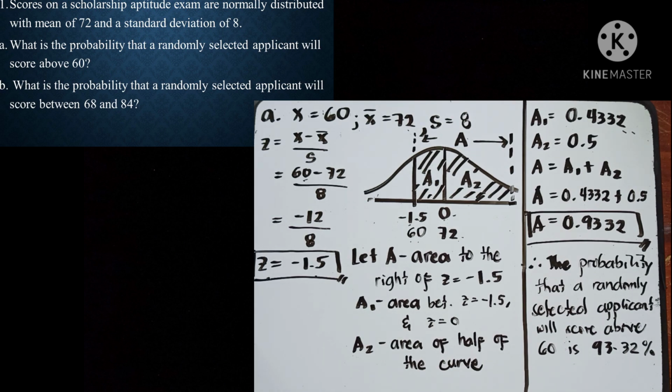Okay, so ibig sabihin yung chance na yung score niya is above 60 is 93.32%.